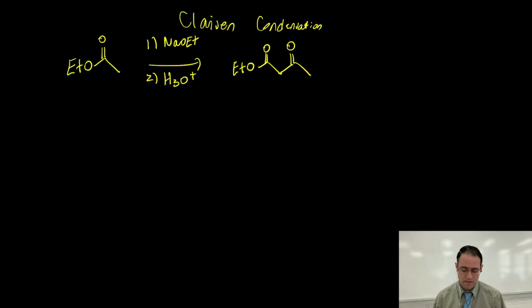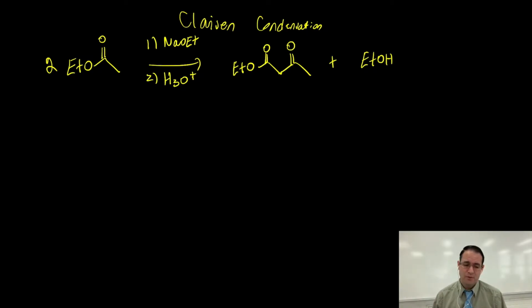Now the equation is not balanced. I suppose I could do that. You're going to have ethanol as a byproduct here, basically, okay? And if we wanted to kind of balance it, we'd put a 2 there, okay?